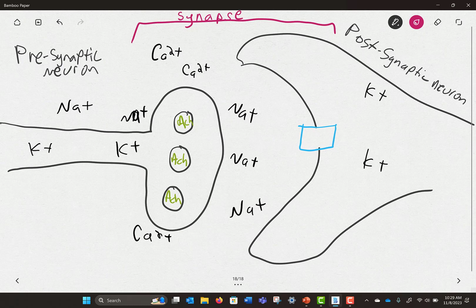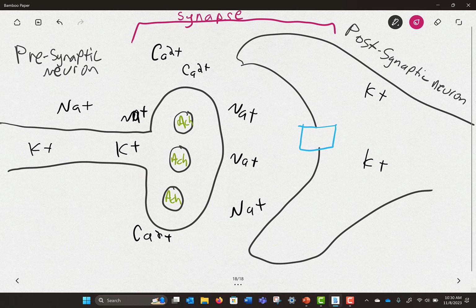The presynaptic neuron is the sender. Over on the right is the postsynaptic neuron. The postsynaptic neuron is the receiver. The entire thing is the synapse. The space between is called the synaptic cleft. The synaptic cleft is the open space.